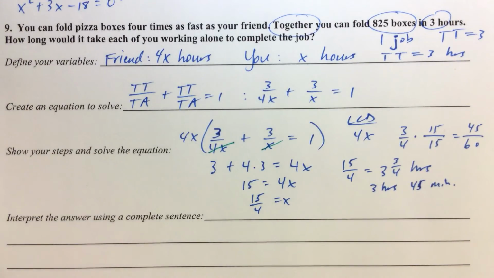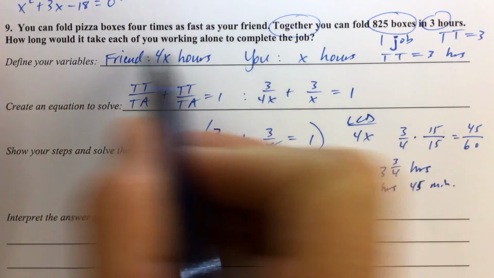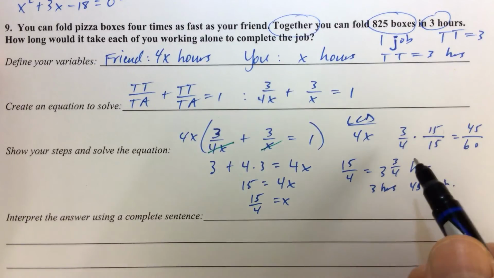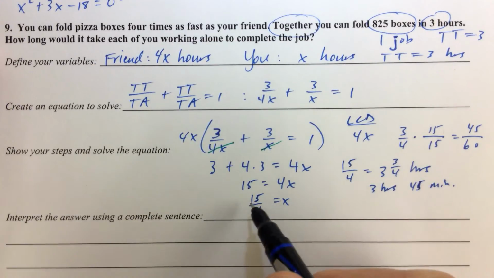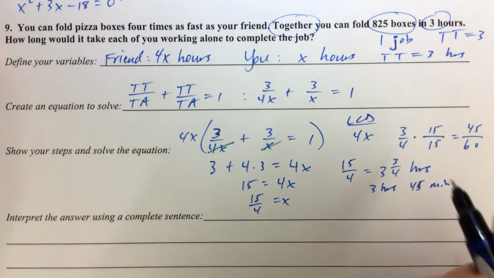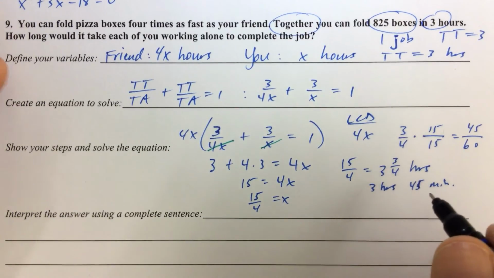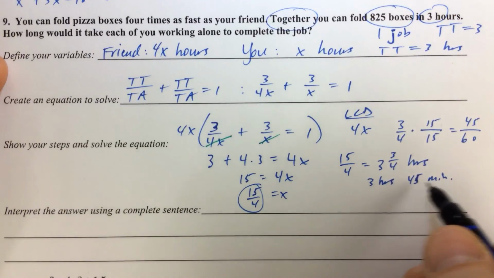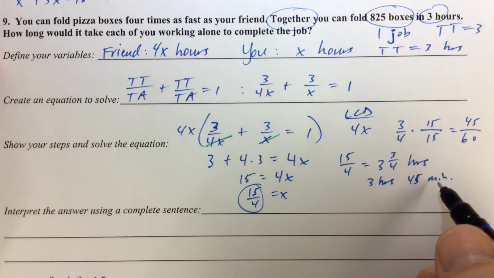So interpret the answer using a complete sentence. How long would it take? You just have to read the question. How long would it take each of you working alone to complete the job? So if x is 3 hours and 45 minutes, then 4x would be 4 times that amount. Well, that's kind of a pain. Let's do it like this though. Don't multiply 3 hours 45 minutes times 4.